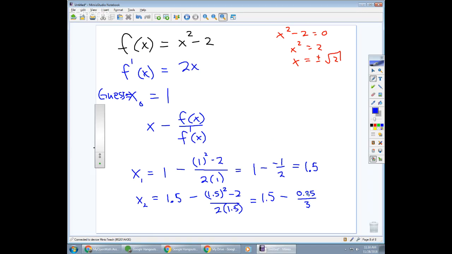Oh yeah, no, that's right. And what is that going to give me? That would be 1/4 over... so 1.5 minus 1/12 if we wanted to do fractions. 1.416, what is it? 1.416, the 6 repeats, right? Yeah. Okay.